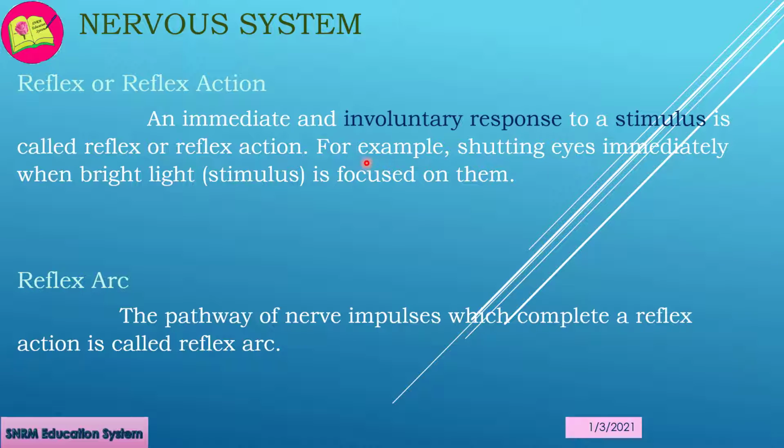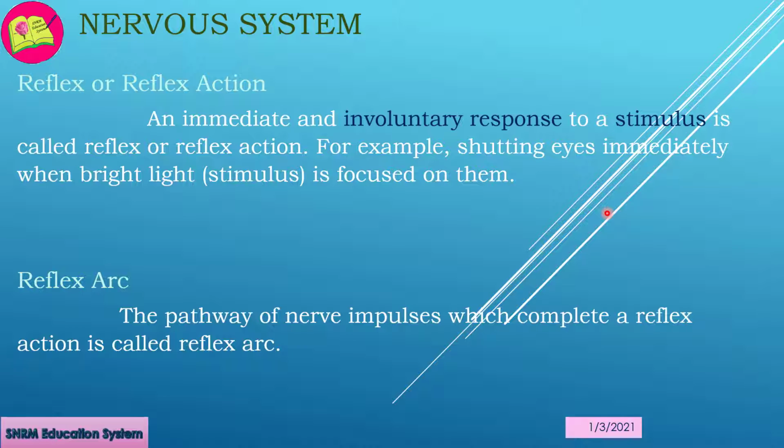One example of reflex action is shutting the eyes immediately when bright light, that is the stimulus, is focused on them. Other examples of reflex actions are sudden blinking when an insect comes very near to the eyes, and sudden jerky withdrawal of hand or leg when pricked by a pin.